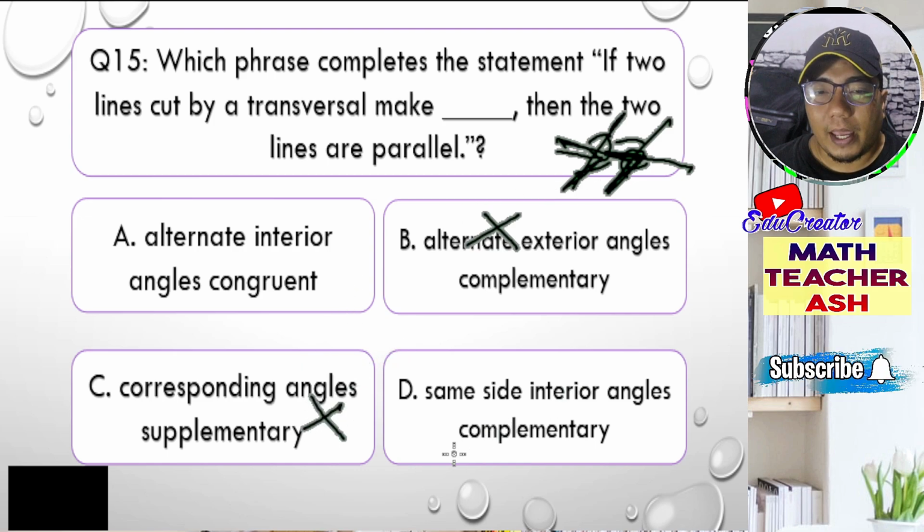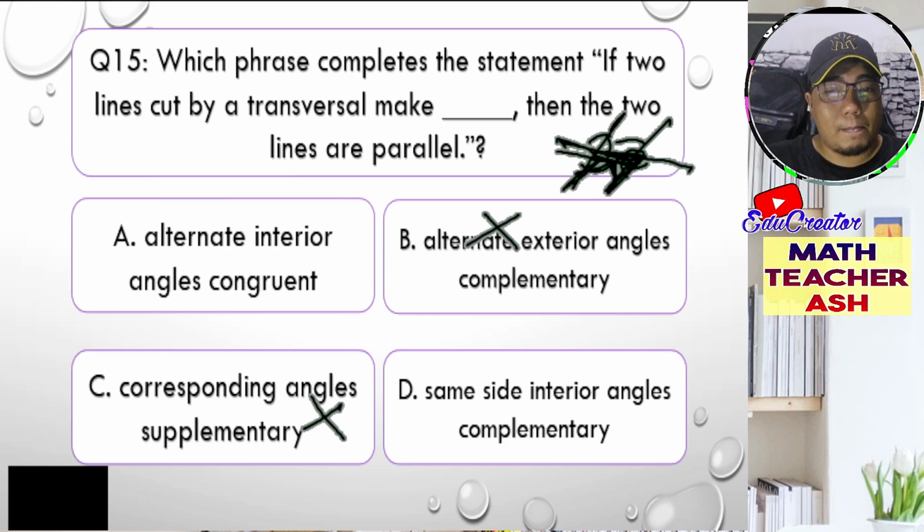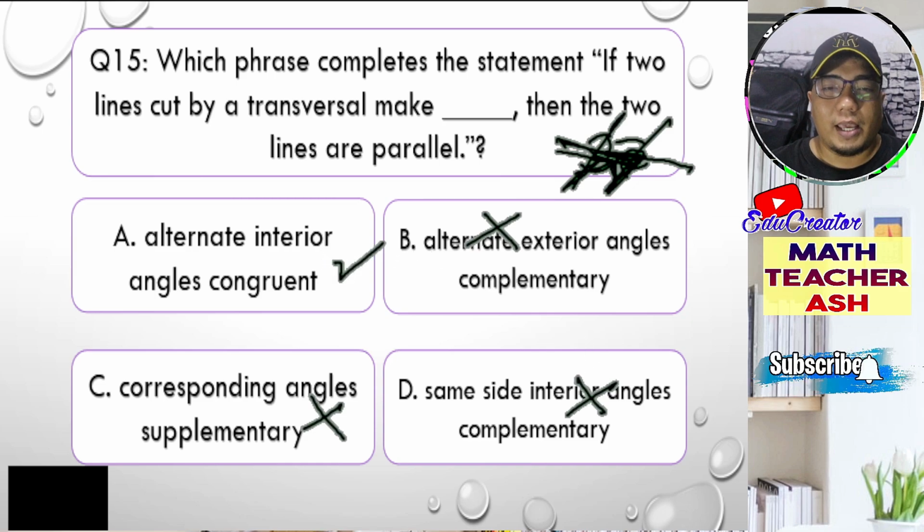So this is wrong. And then we also have same side interior angles should be complementary. If this is the angle and this one is the next angle, they should be equal to 90 degrees. Remember that same side interior angles are not complementary, but they are, very good, supplementary. So also our letter D is wrong. Therefore the correct answer here is letter A.